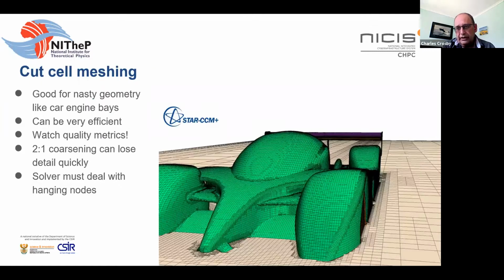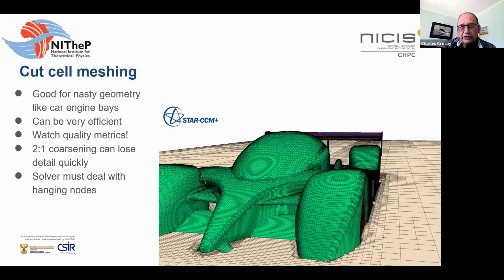So this is now where that idea of the cell grid lines following the contour of the body, also meaning that they more or less follow the streamlines of the flow, rather breaks down. This is a very effective way of dealing with very nasty geometry, which is cut cell meshing.